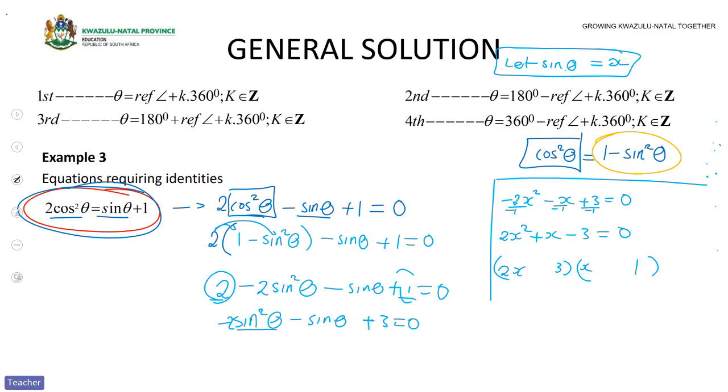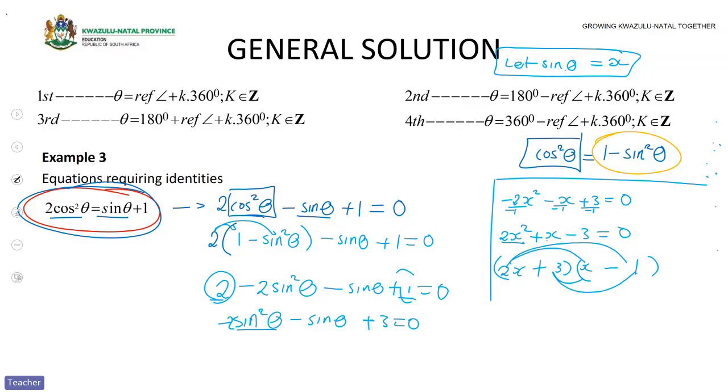So our 3x should be positive and our 2x should be negative. When you multiply 2x by x, we get 2x squared. When you multiply 2x and negative 1, we get negative 2x. When you multiply positive 3 and x, we get 3x. And when you multiply 3 and negative 1, we get negative 3. So we can see that our factors are correct.